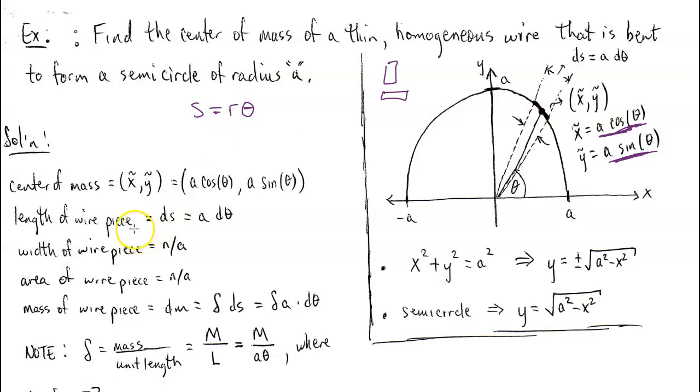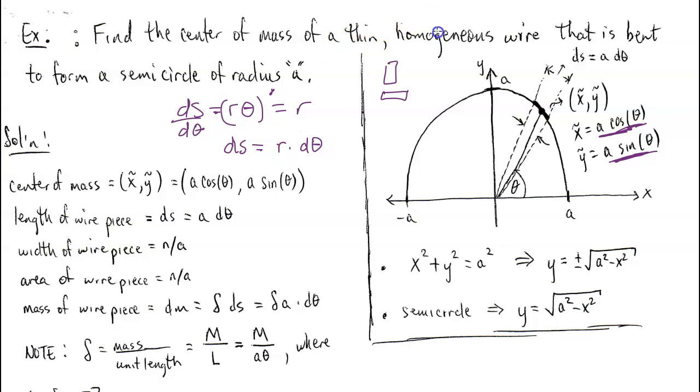If I take the derivative of this arc length with respect to theta, so ds over d theta, then we know that the derivative of any constant times theta with respect to theta is just that constant. This allows me to say that the differential of the arc length is equal to r times d theta.